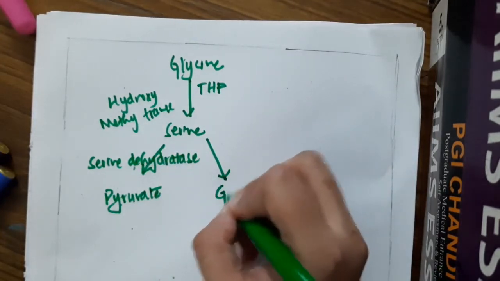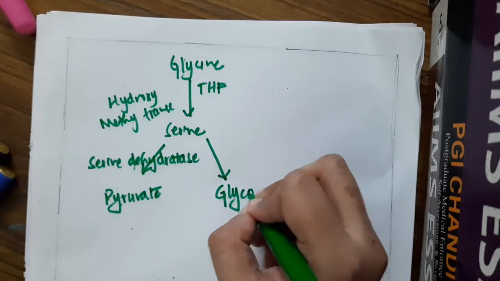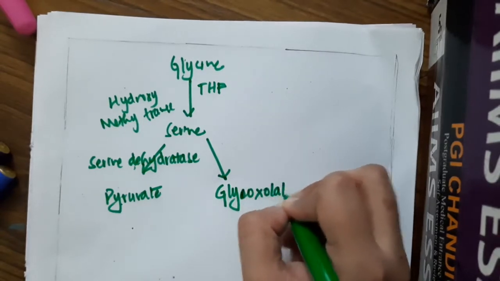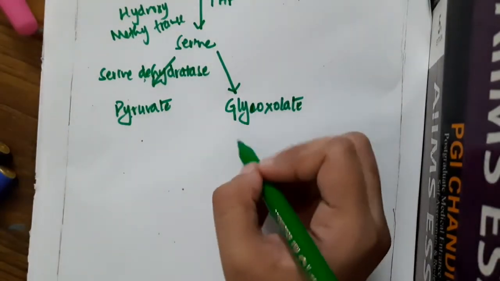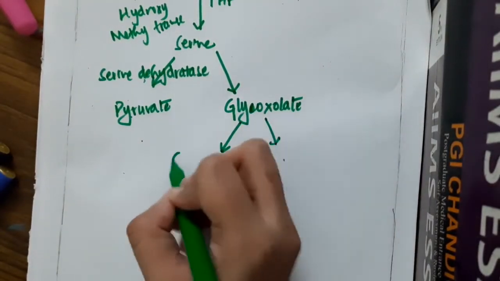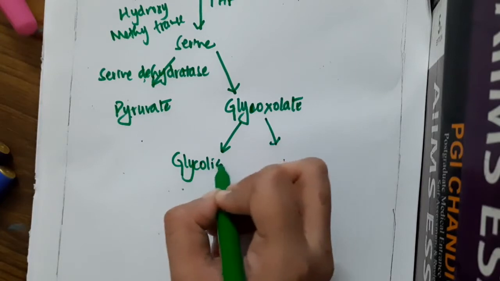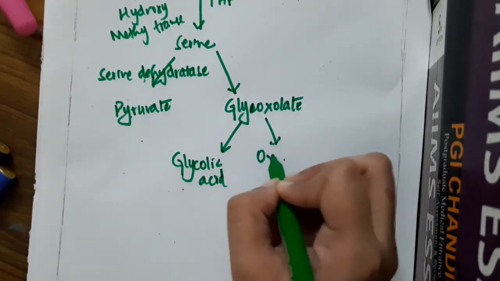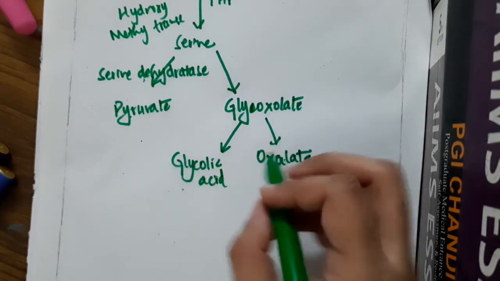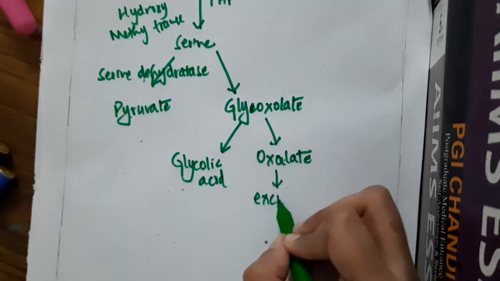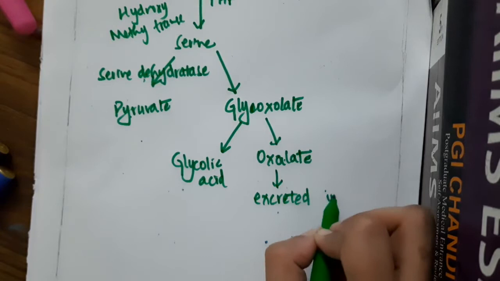Serine also results in formation of glyoxylate. This glyoxylate divides itself into glycolic acid and oxalate. This glycolic acid is utilized in our body, but the oxalate is excreted in urine.